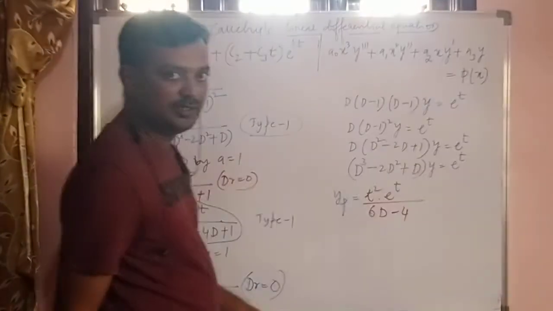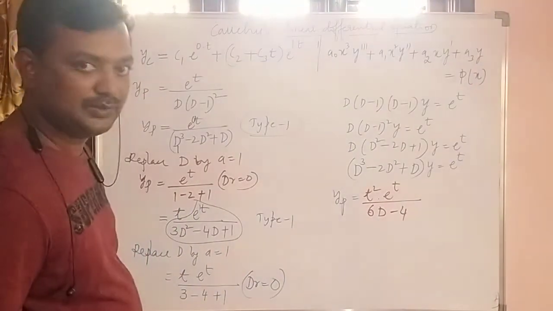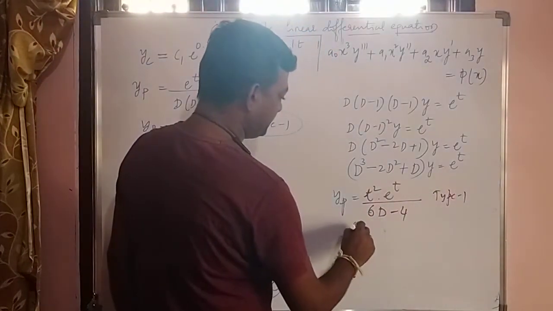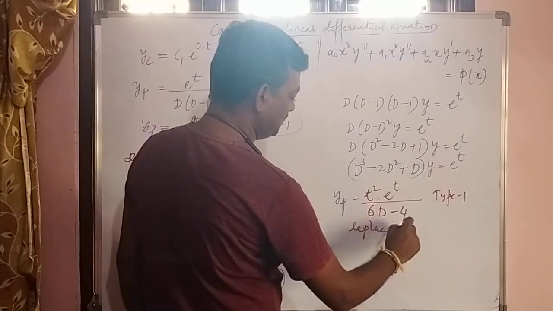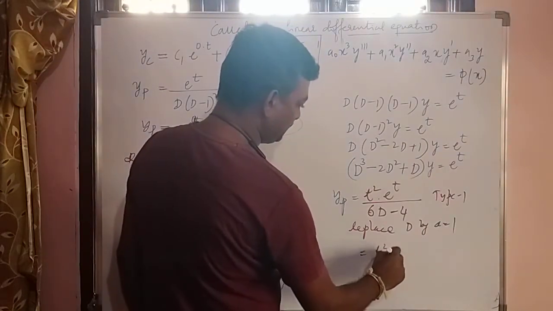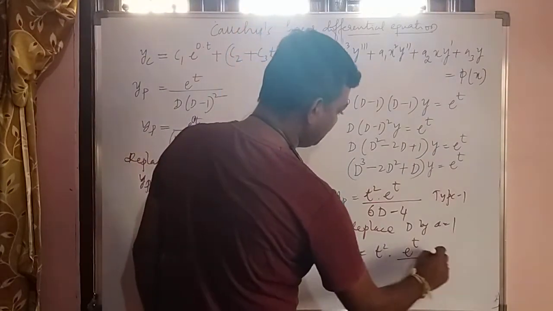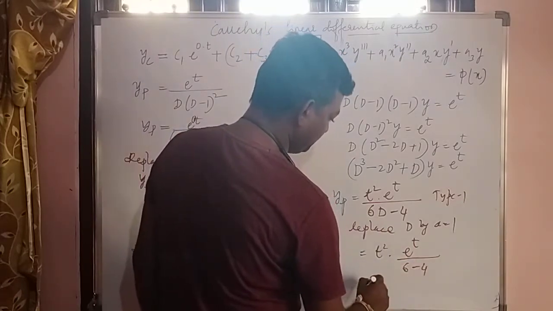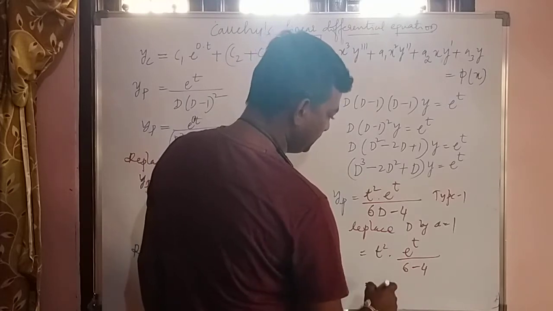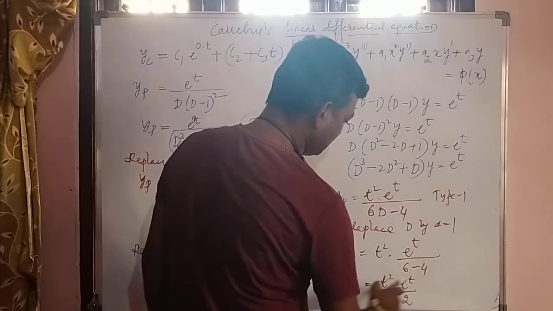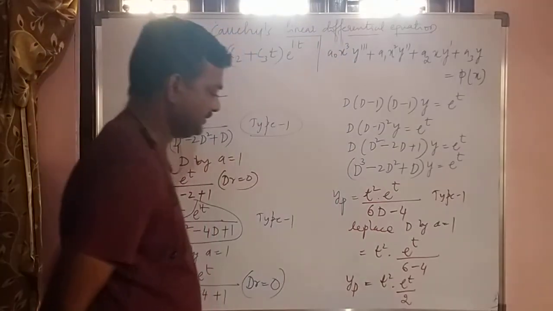Don't multiply this e raised to t, it is separate. Replace d by a, again a is equal to 1. This is t square into e raised to t divided by 6 into 1 minus 4, 6 minus 4 is 2. So t square into e raised to t divided by 2 is the value of yp, student.